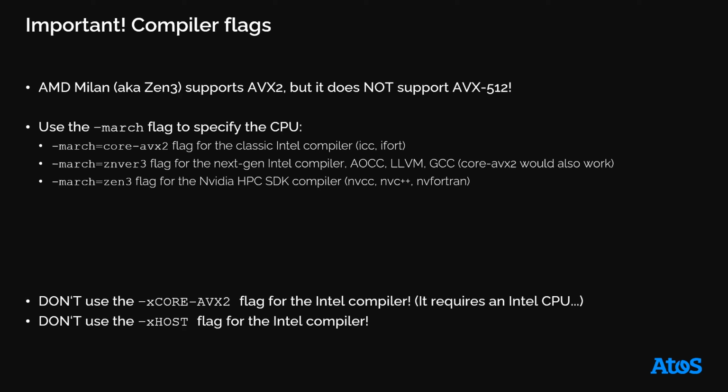Okay, that is the most important thing about the compiler flags, what you should be aware of to generate code that can actually be executed on the AMD CPU and is then optimal as well.